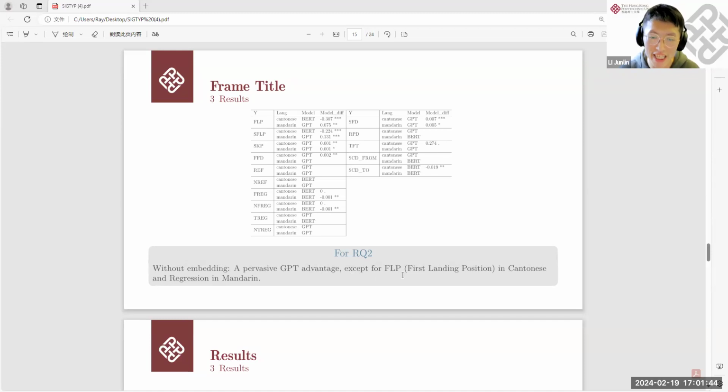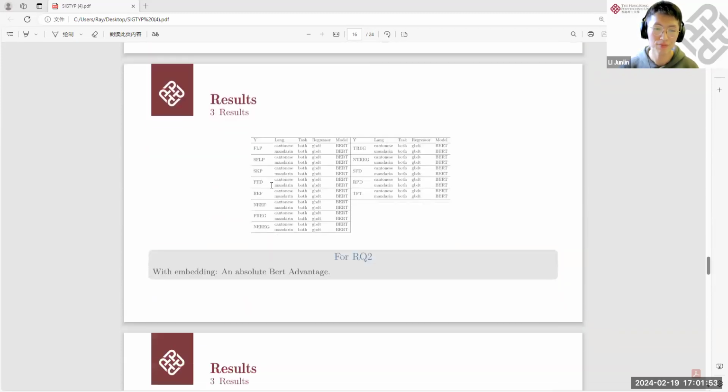So this indicates that there is a BERT advantage in terms of landing position and regression targeting.